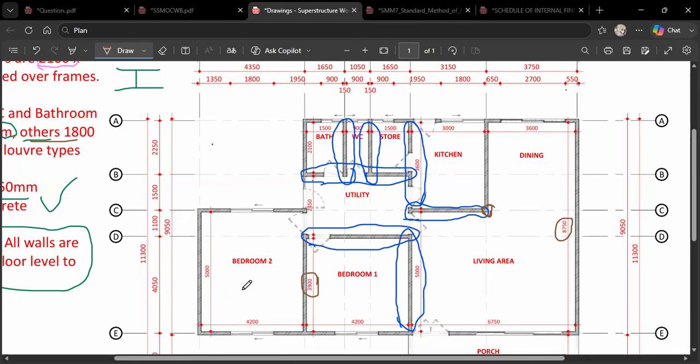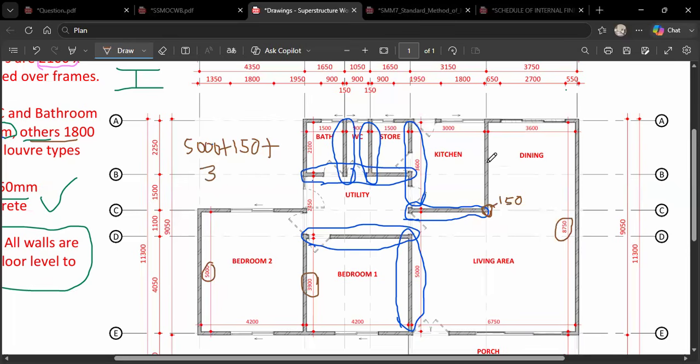So let me write it over here. 5,000, plus 150. The 150 is coming from this 150 wall. Plus this 3,600.